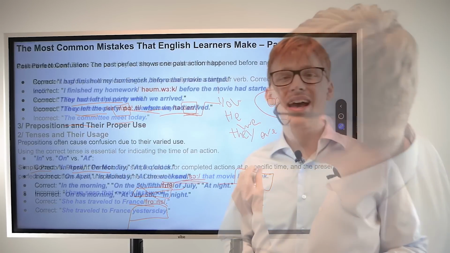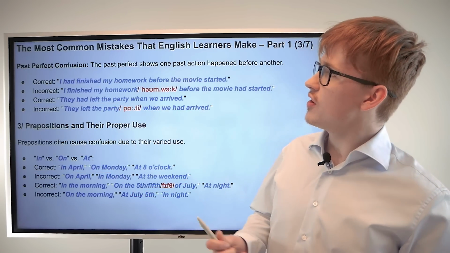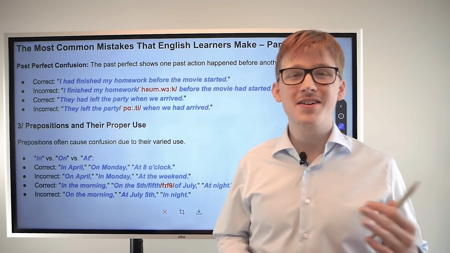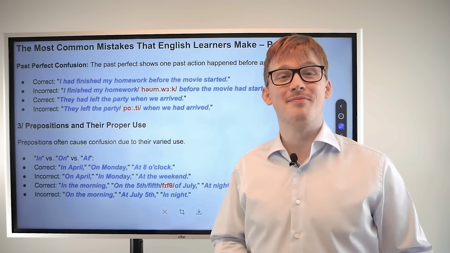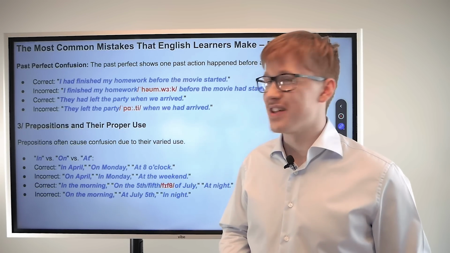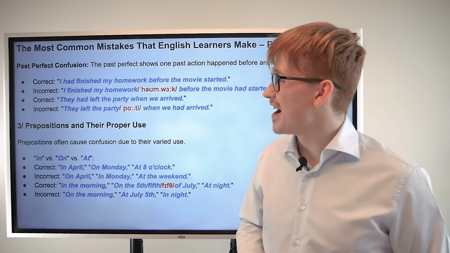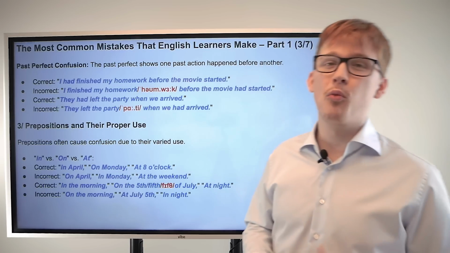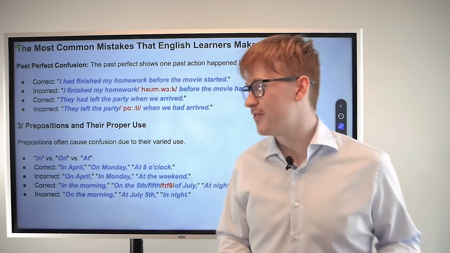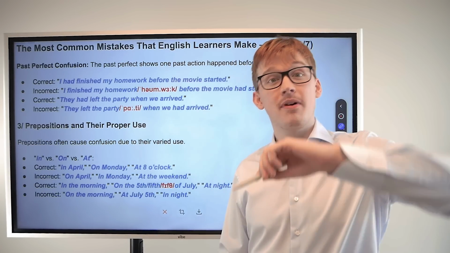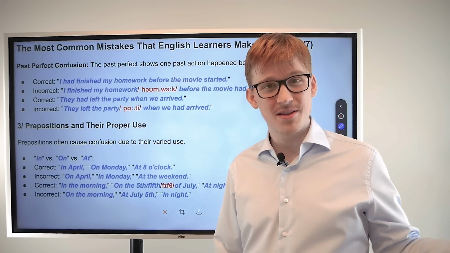Let's move on. Next up we have the confusion of the past perfect. The past perfect is actually one of my favorite tenses. I know that sounds super nerdy, but I will own it. I love the past perfect. We use it when we're talking about something that happened before another point in the past.